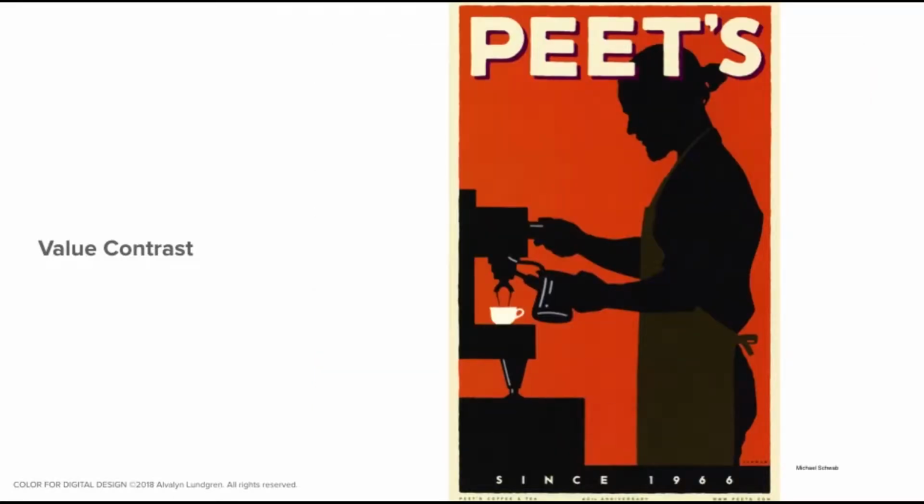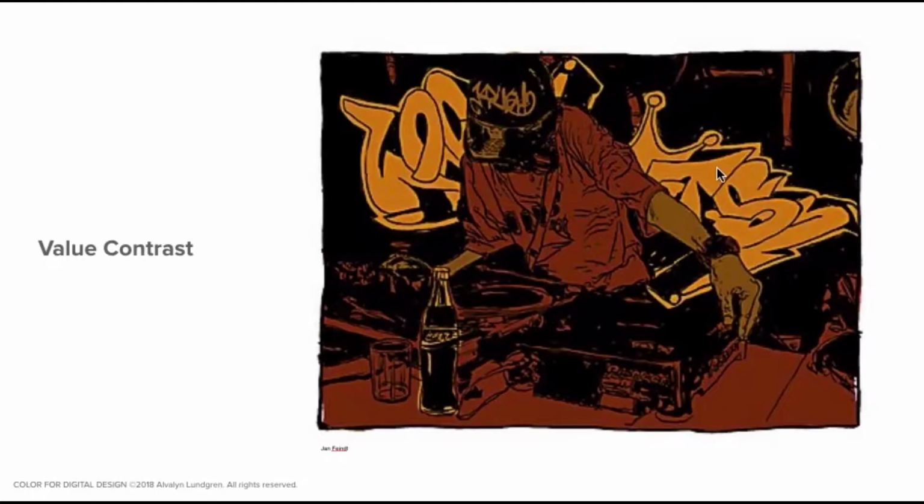Here we have light and light against dark and mid-value, so there's a full range of value contrast in this image. There is a reduced range of value contrast here. We have lighter value in the yellow, but both the orange, the black, and the yellow here are close together in value.